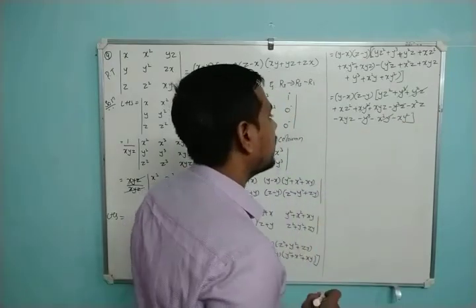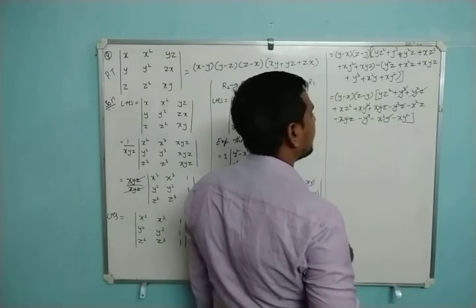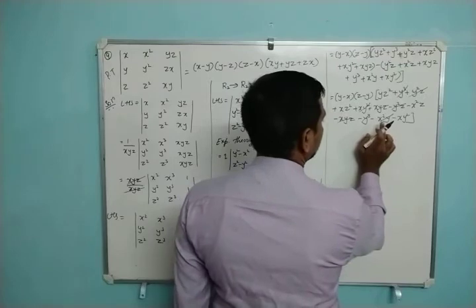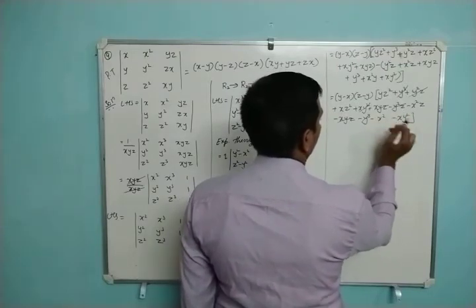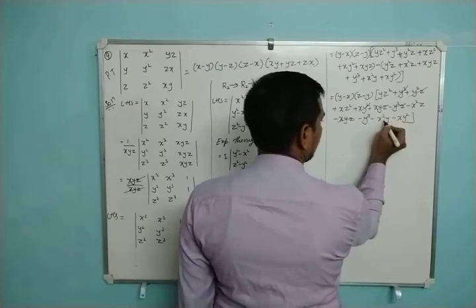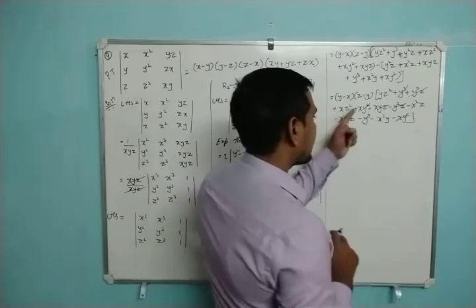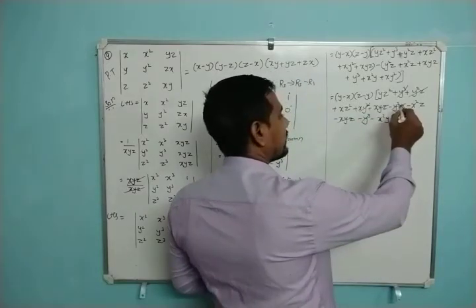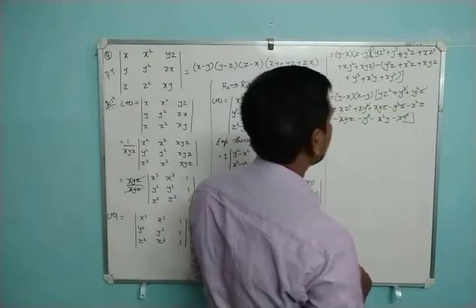And plus xyz minus xyz will cancel. Plus xy square cancels with minus xy square. Then plus y cube and minus y cube is already cancelled.